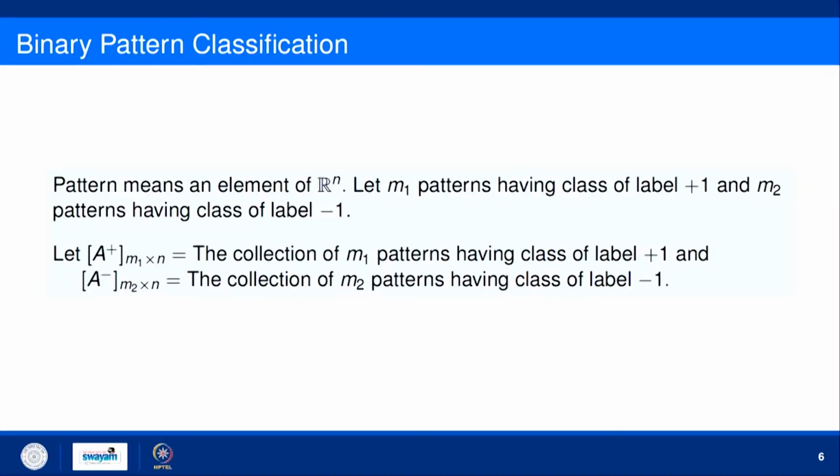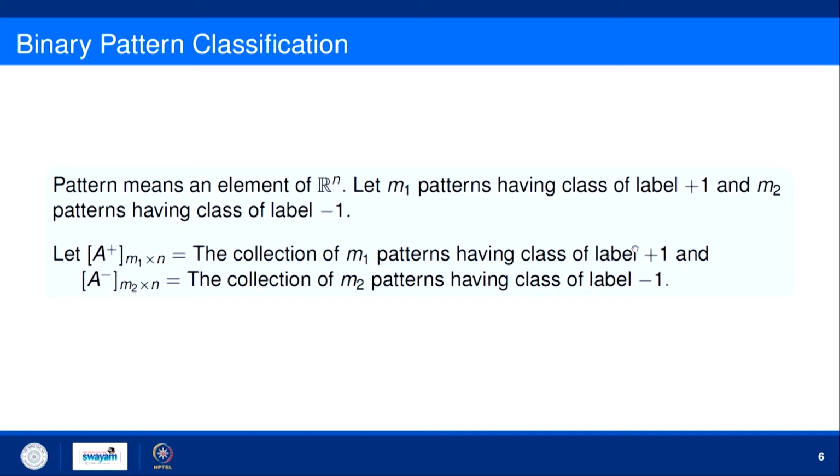If we denote the +1 class by a matrix having M1 patterns, and each pattern is in Rn, it will be a matrix of order M1 cross n, that is a collection of M1 patterns having class label +1.